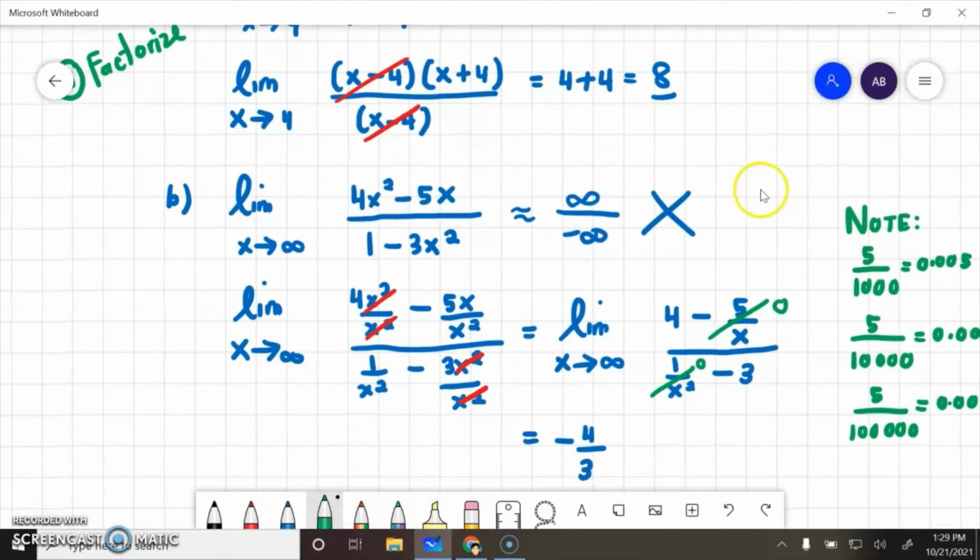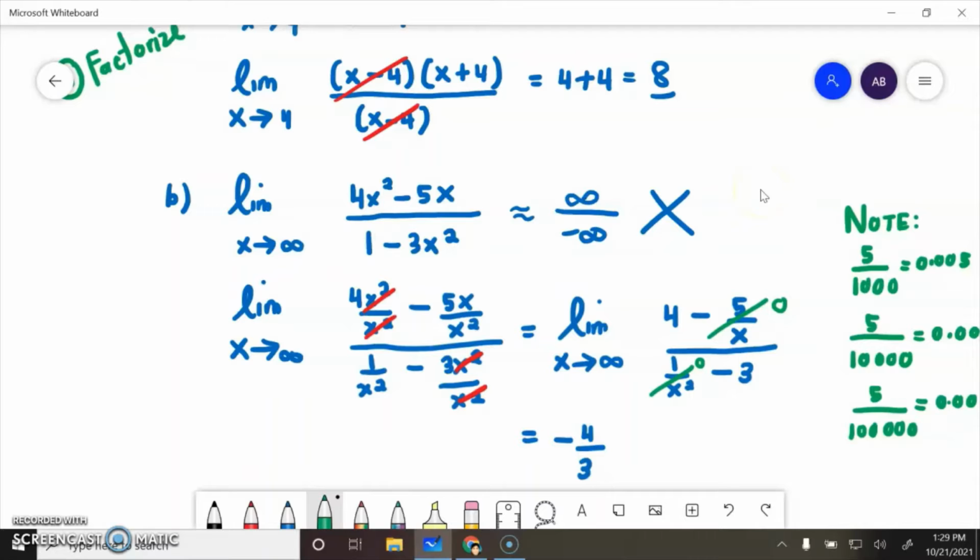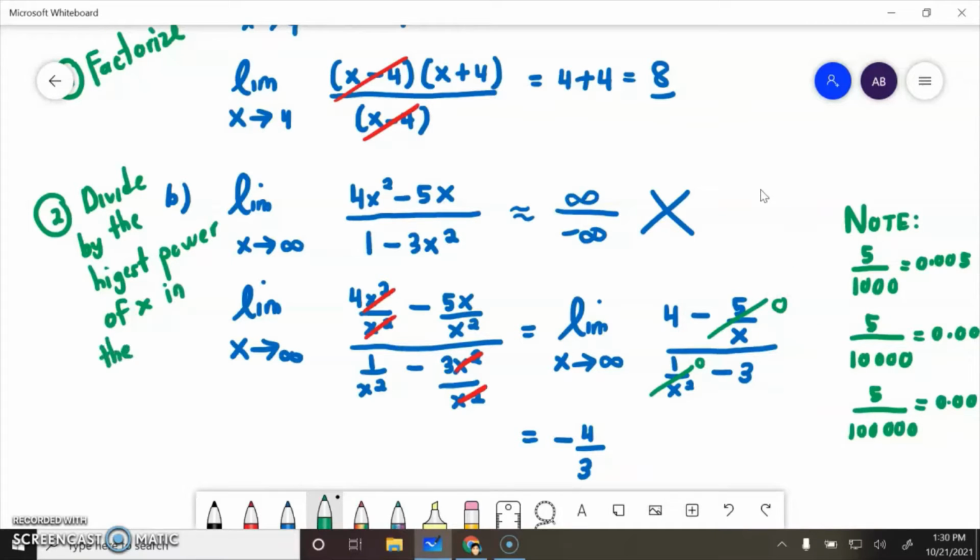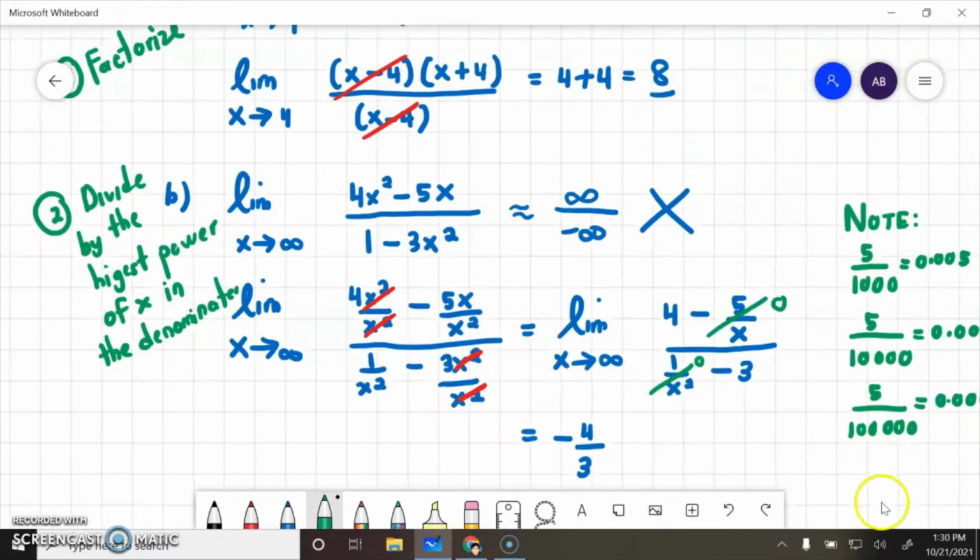Now for this one, when it's approaching infinity, the second step, if you get infinity in this form here, is you have to divide by the highest power of x in the denominator. So that is the two techniques you obtain.